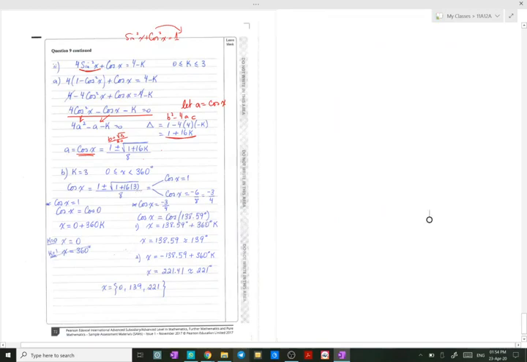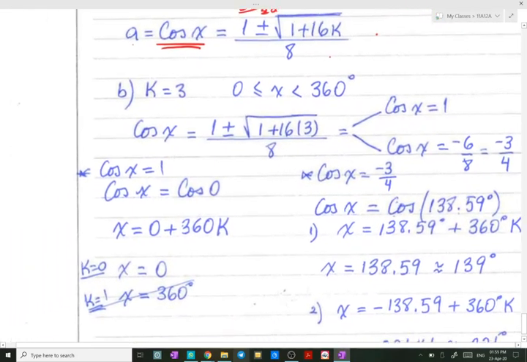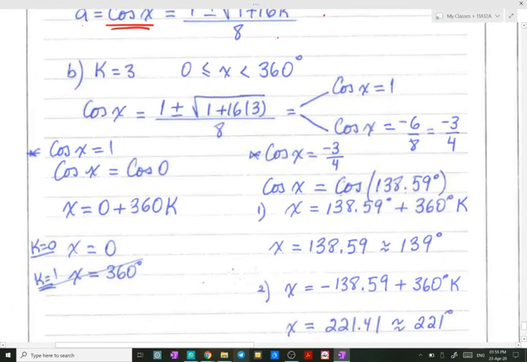So cosine x equals 1 is our first answer. Let us find the angles that can give us this answer. We know that cosine x is equal to cosine 0, where cosine 0 equals 1. Therefore x is equal to 0 plus 360 degrees k.